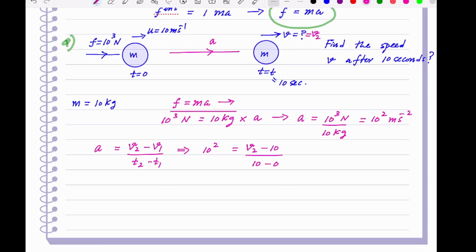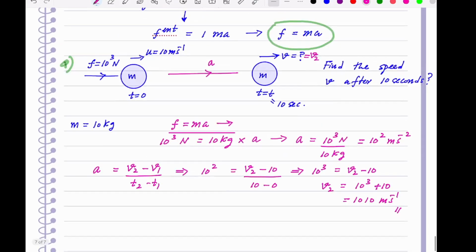So from here, 10 to the power 3 is equal to v2 minus 10. So v2 is 10 to the power 3 plus 10, which is 1000 plus 10, 1010 m/s for this example question.